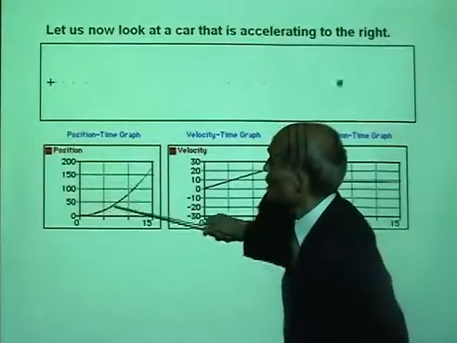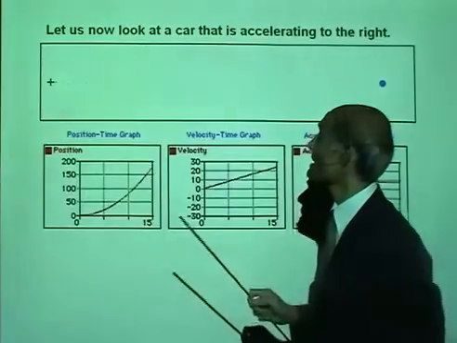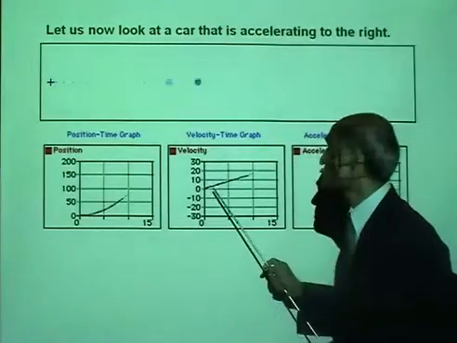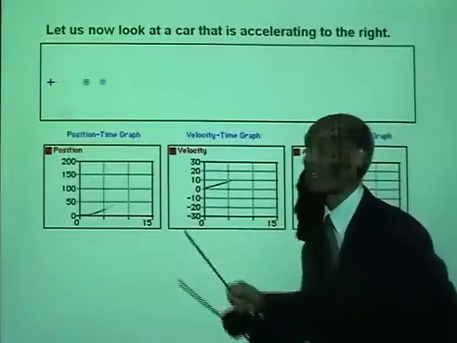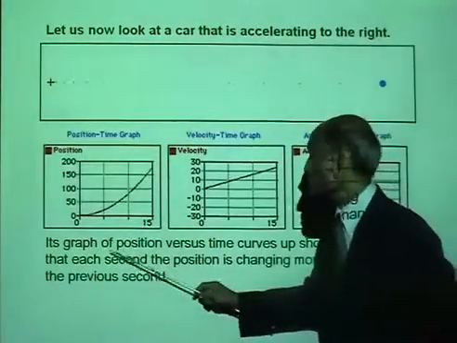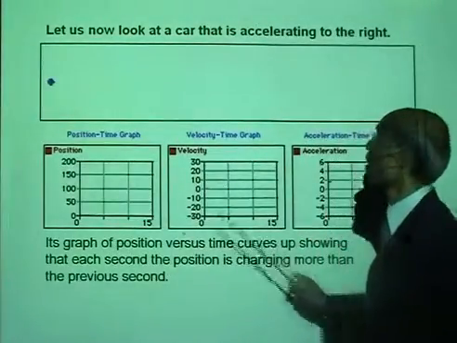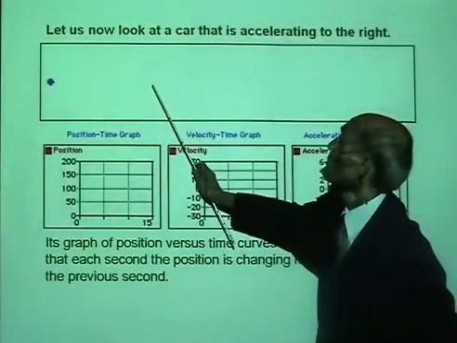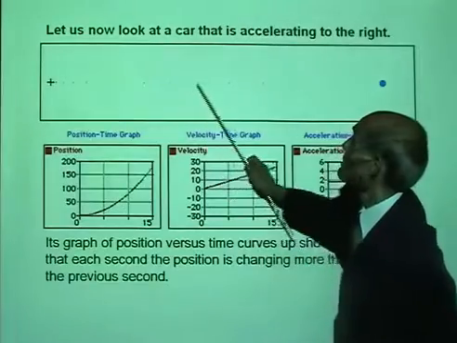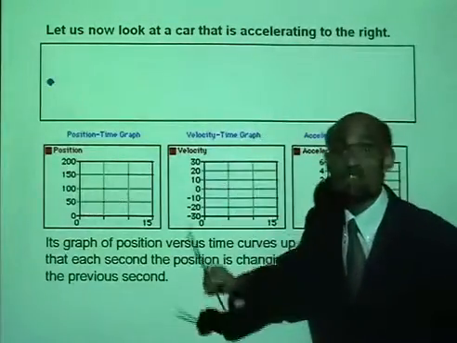It is a curve that is curving up. That means the velocity is continuously increasing. You have an acceleration. So the position versus time curves up, telling that the position changes greater and greater and greater each second.